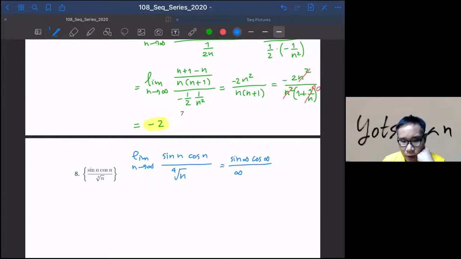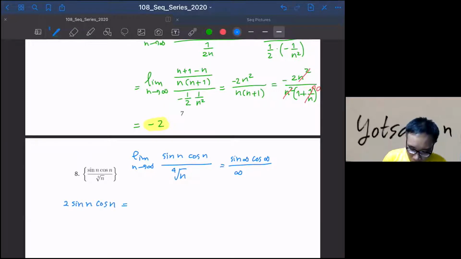So the thing that we're going to try in this case is to get rid of cosine and sine. And if you recall, we have 2 sine n cosine n.